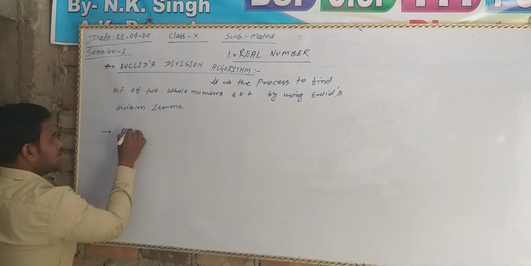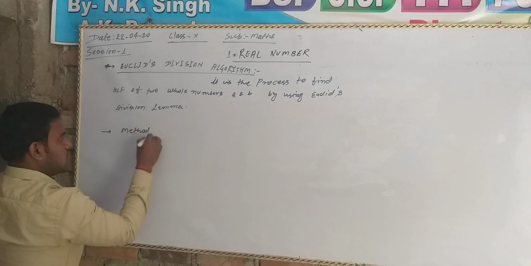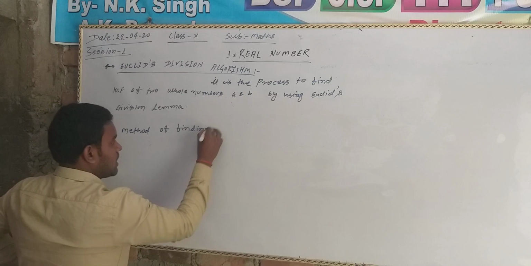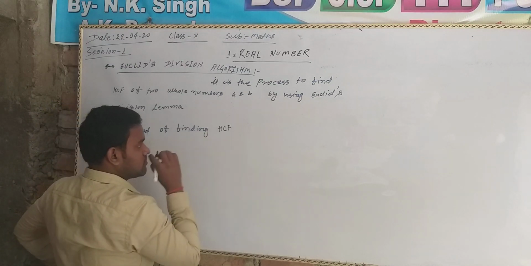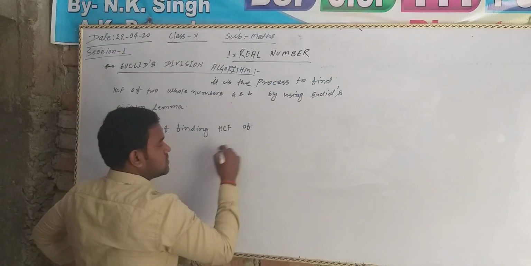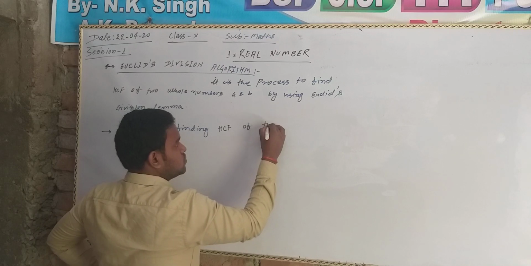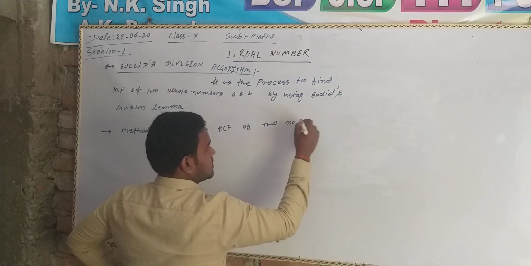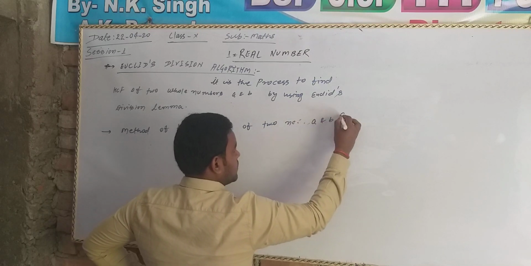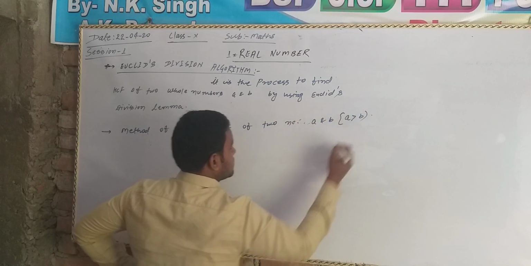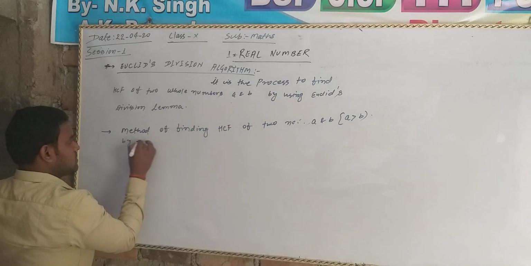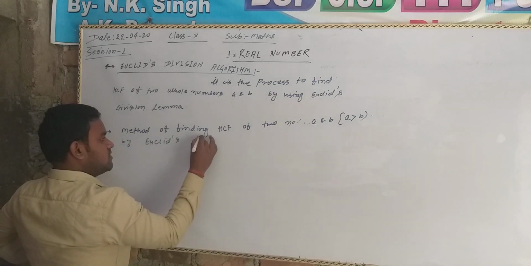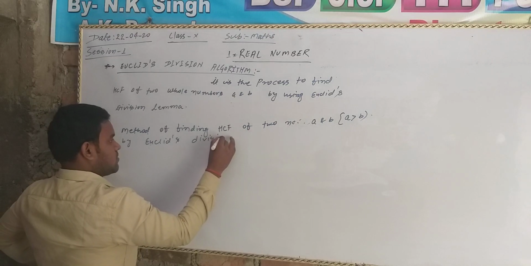Method of finding HCF of two numbers A and B, where A greater than B, by Euclid's division algorithm.